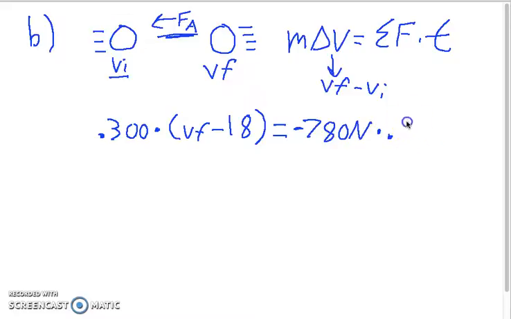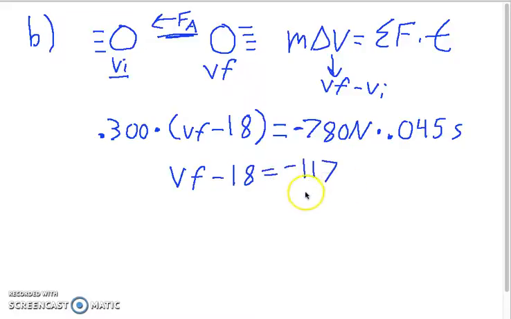That's not even a second, that's going to be 0.045 seconds. So we're going to do the math out for this. It's going to be VF minus 18 is equal to negative 117. So the final velocity is really negative 99 meters per second.